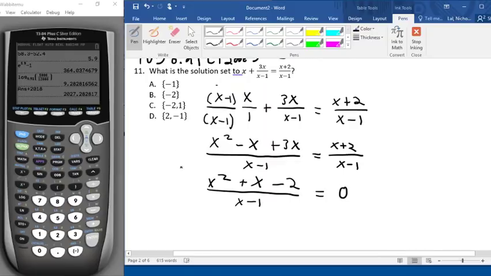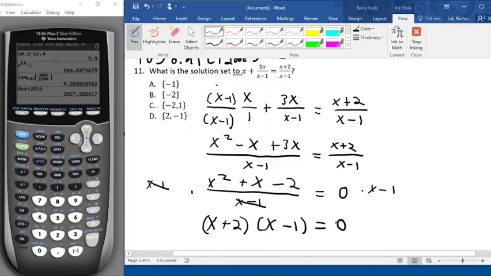And then multiply each side by x minus 1. So this will cancel out, and this is still 0. And so you'll have x squared plus x minus 2 is equal to 0. Factor this. This will be x plus 2 times x minus 1 is equal to 0.